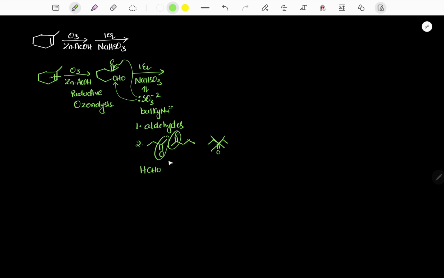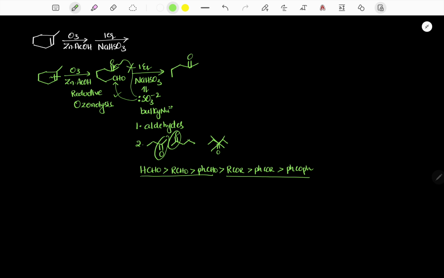The general order of rate of nucleophilic addition: HCHO greater than RCHO greater than PhCHO greater than RCOR greater than PhCOR greater than PhCOPh. So aldehydes are more reactive than ketones towards nucleophilic addition. Therefore, here we should consider the aldehyde reaction and don't bother about the ketone reaction.